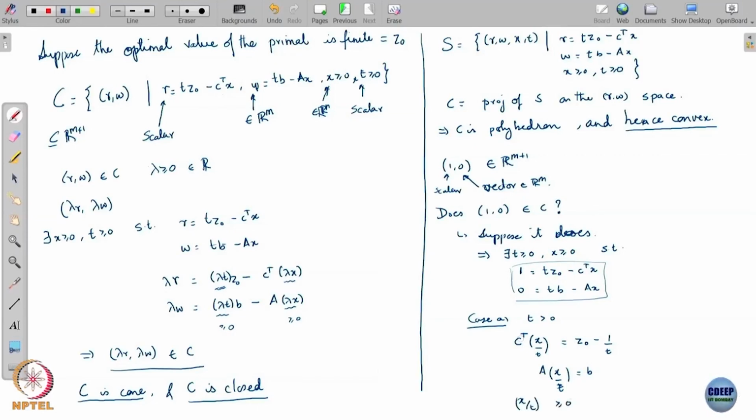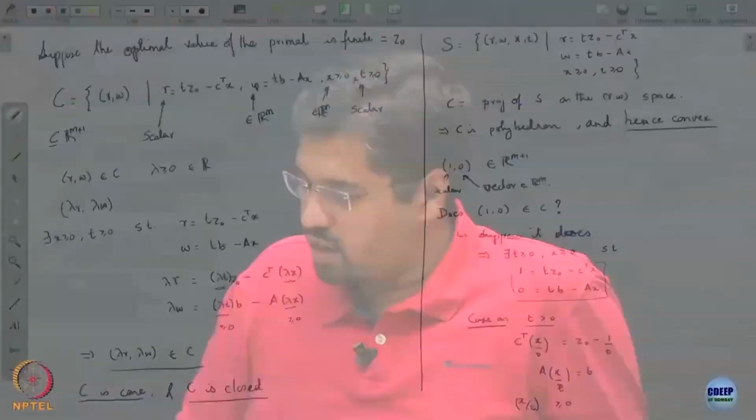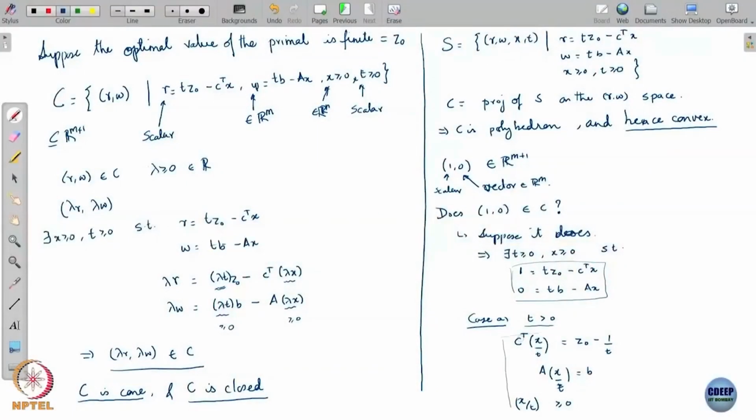Now, what have I got as a result in this case? In case A, if t is positive, then I have concluded that these equations must hold. But what are these equations?